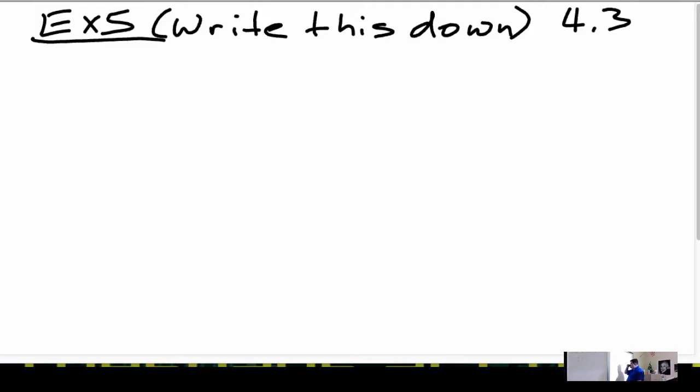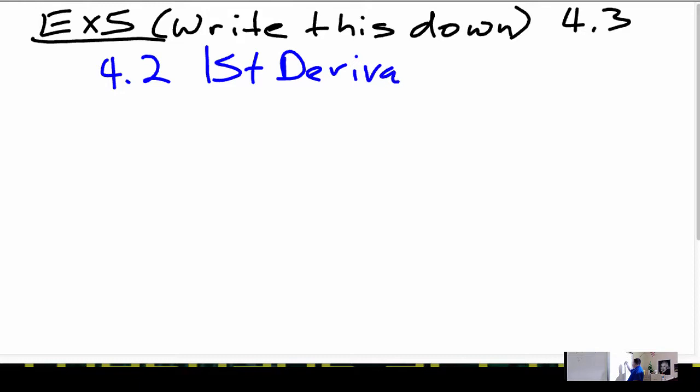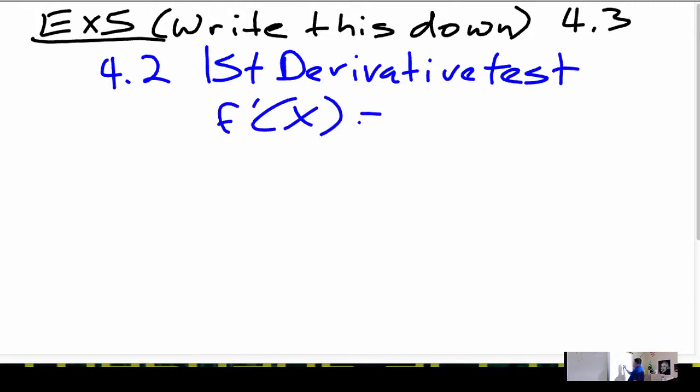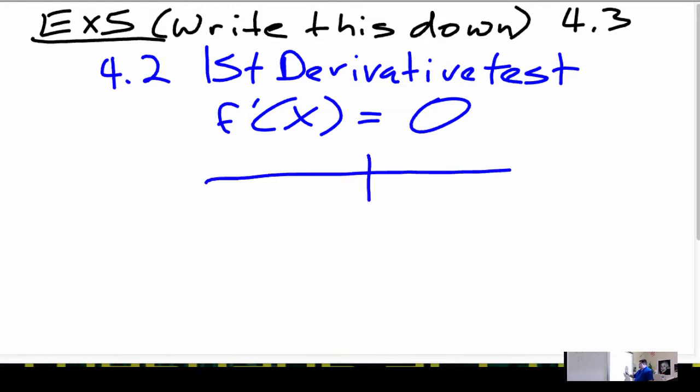So now, in 4.2, we did a thing called the first derivative test. And I didn't tell you that it was a first derivative test because whenever you tell students test, they kind of freak out. So basically what we did is we looked at when f prime was equal to 0. All right, and so what we would do is we'd say, all right, f prime of x equals 0 here, right?